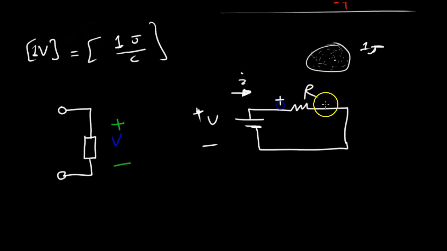There's going to be a voltage drop across this resistor, which in this case would be the entire voltage we see here. For example, if it was 10 volts, we'll see 10 volts across the resistor, because we assume the wires have no resistance in the ideal case. In the real world, wires do have some resistance, but it's usually very small, so we don't worry about it as much.